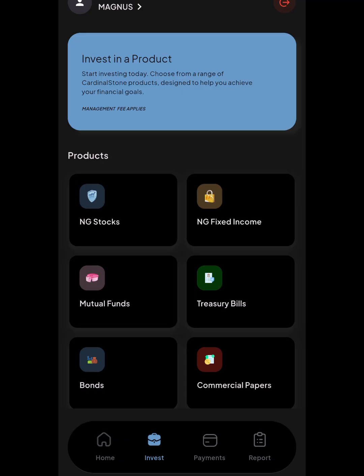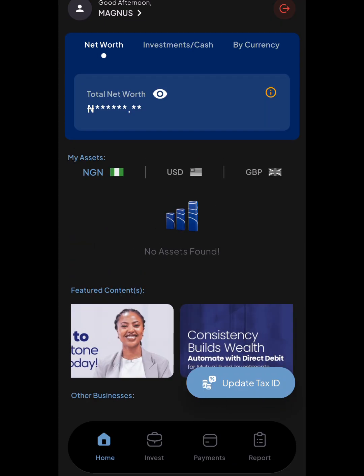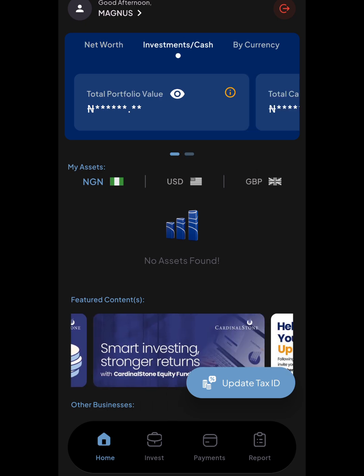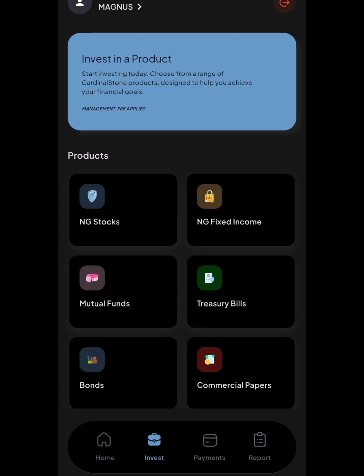So what do I do in a situation like this? Well, what I would do is go on the website instead, and do the whole transfer funding thing on the website. And once I have that done on the website, it's going to reflect here, then I can continue with the transaction.